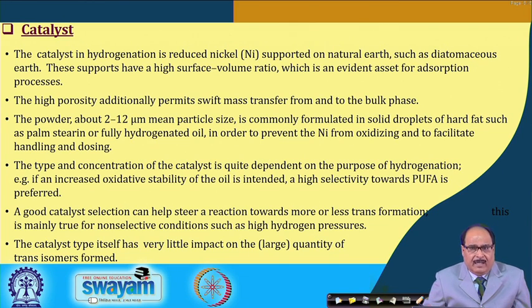So, normally in the plant, it is kept in the similar type of oil that needs to be hydrogenated, or in some hydrogenated fat, etc. The nickel catalyst and oil, in a suitable proportion, is mixed, preheated and then sent to the reactor. But a good catalyst selection can help steer a reaction towards more or less transformation.